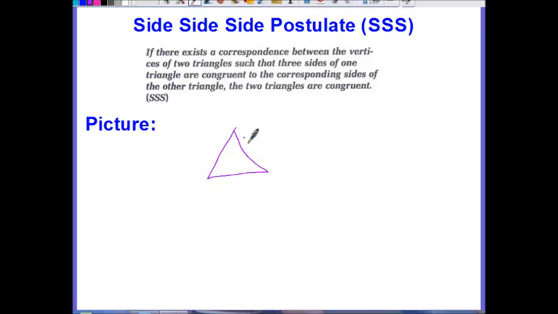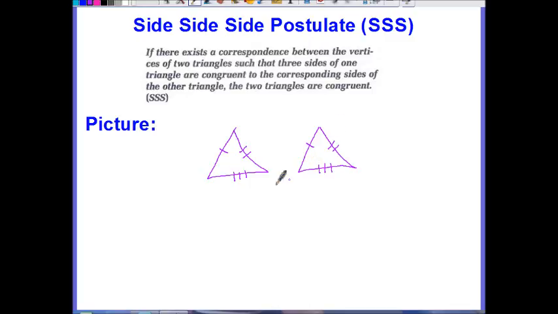So the picture that would actually match with this, we're going to have our two triangles. We need to have a correspondence between the three sides of one triangle and three sides of another triangle, which means that we're going to have matches. This would be one set of congruent sides, here would be our second set, and here would be our third set.